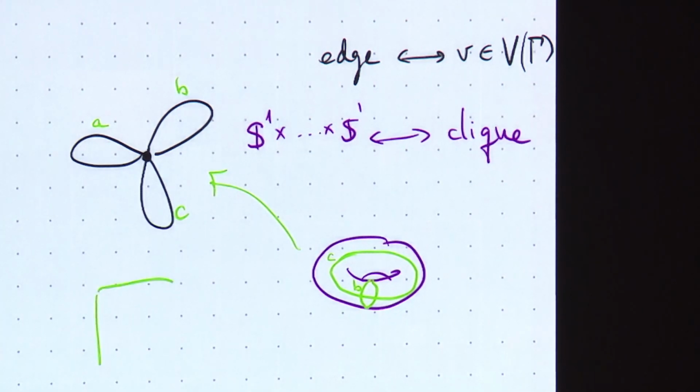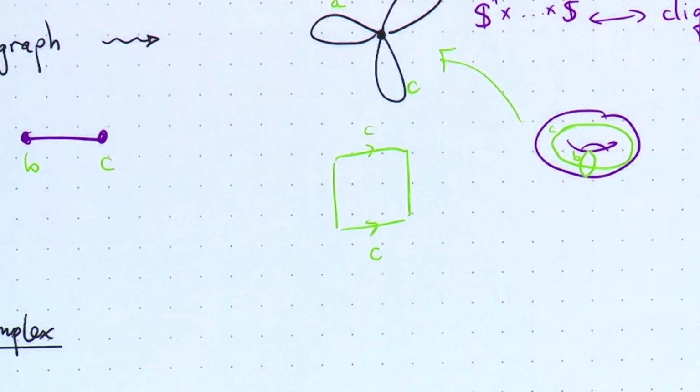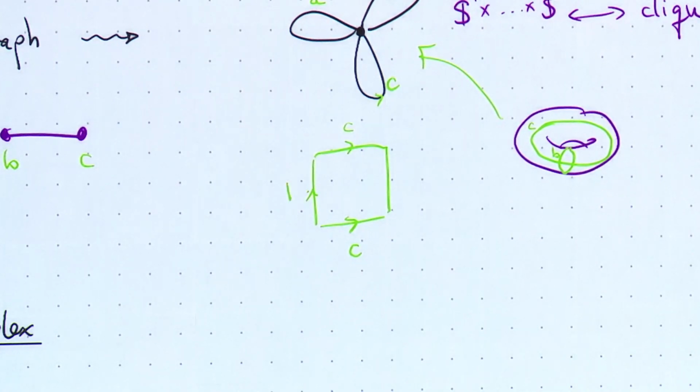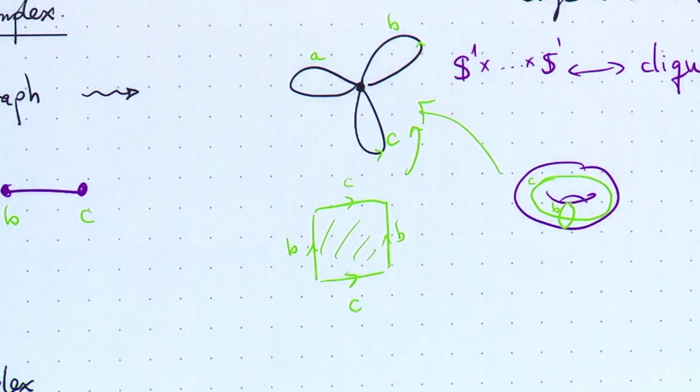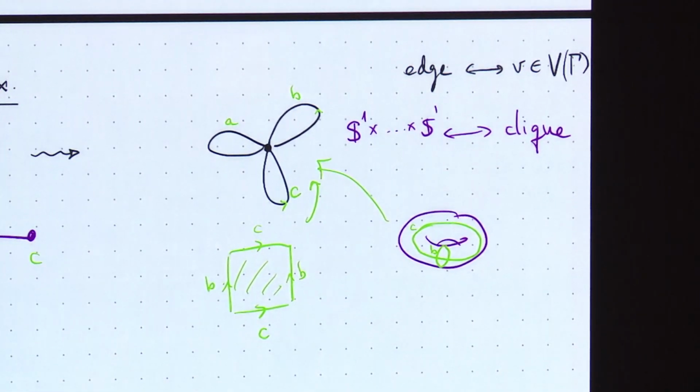You can think of it as taking a square and gluing this to the edge C, oriented in such a way, and this to the edge B. This is a two-dimensional example, and in higher dimensions, you take higher cubes and you glue them to what you have added previously. And this turns out to be non-positively curved. I'm not going to check the link with you, but it's somehow related to the graph gamma.